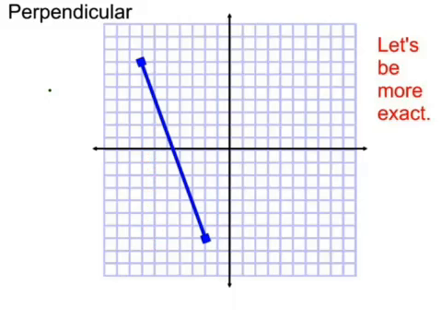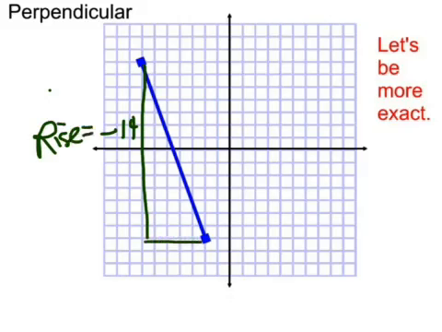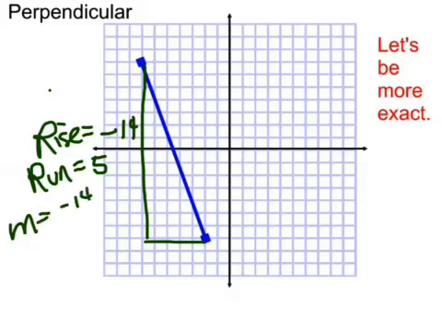So that's down 14. So that's a rise of negative 14. And then what's the run here? It looks like the run is 5. Okay, so the slope here is negative 14, down 14 over 5.